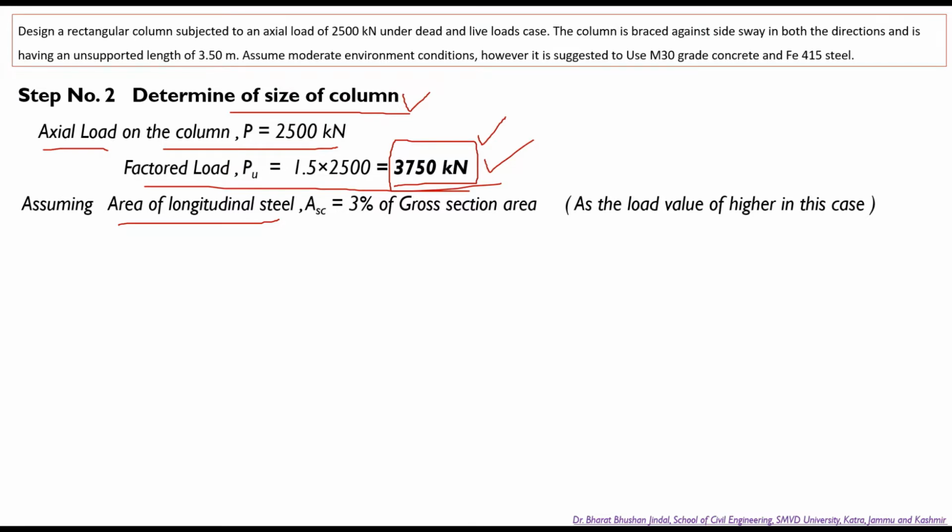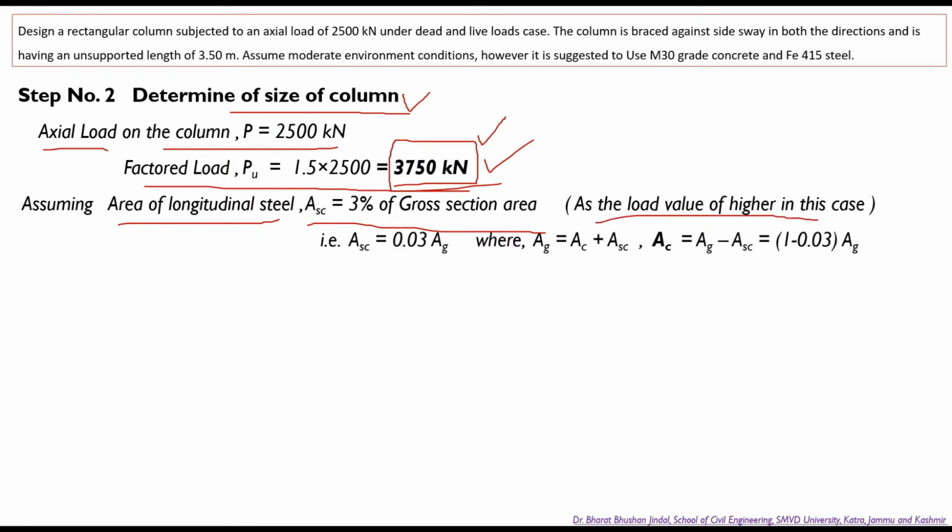Since the load is greater, we can take a higher percentage of steel, maybe 4% or 5%. So let us take 3% of steel. That means the area of longitudinal steel is 3% of the gross cross-sectional area, because the load is comparatively higher in this case.